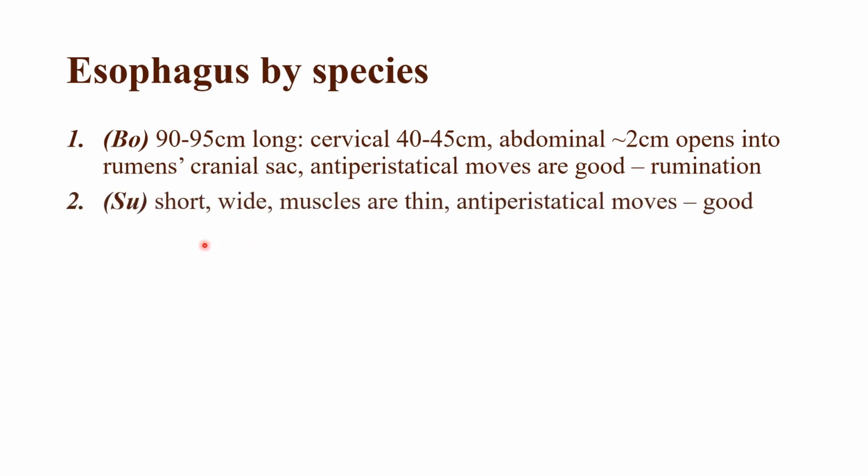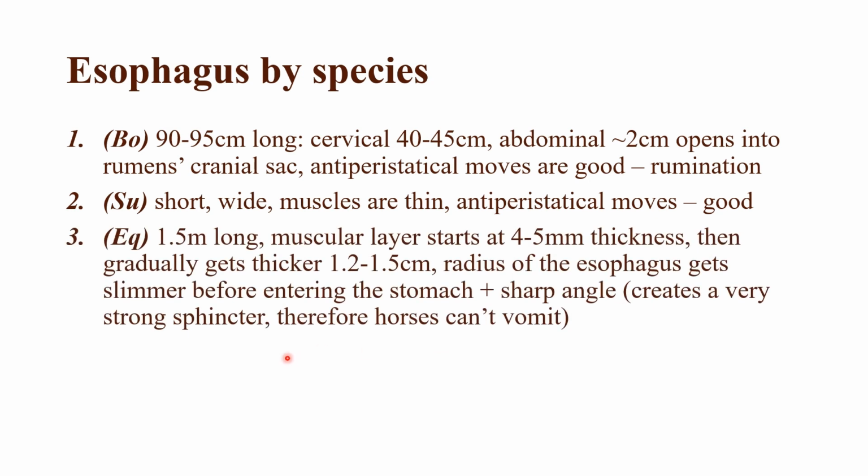As for pigs, the esophagus is short, wide, but the muscles are thin. Also, they are able to vomit pretty easily. As for equines, it's about 1.5 meters long, and the muscular layer throughout the esophagus thickens from about 4 to 5 millimeters to 1.5 centimeters.